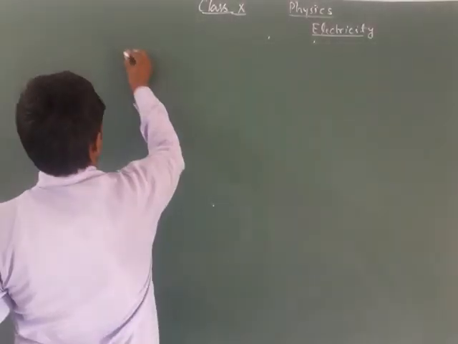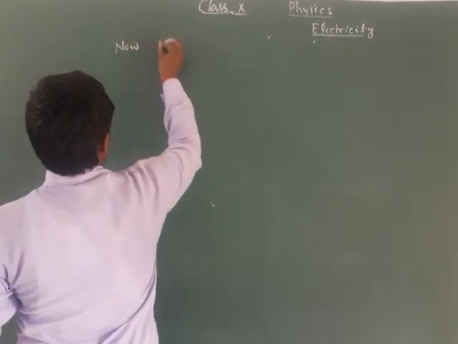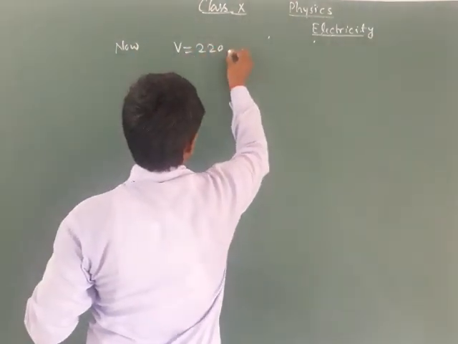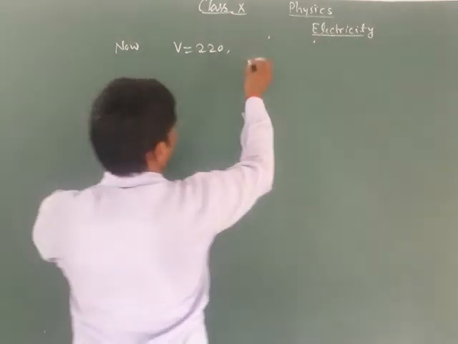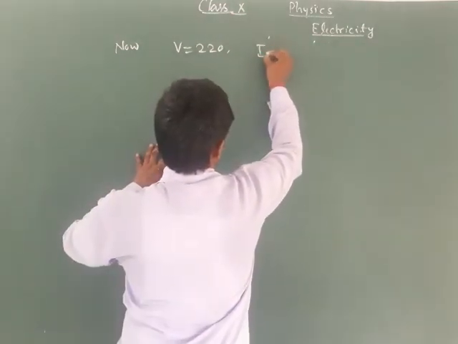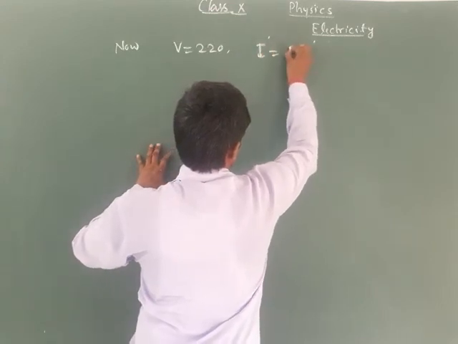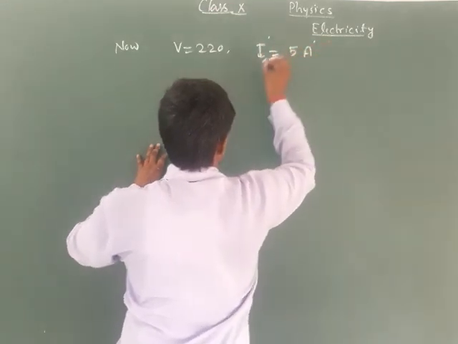Now potential V is equal to 220 volt and current I is equal to 5 ampere.